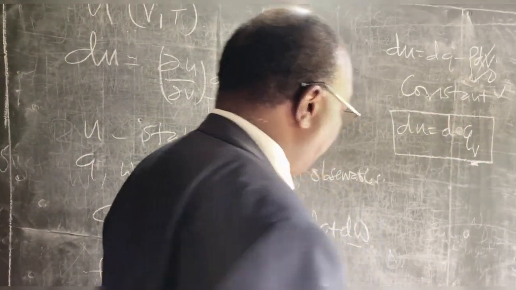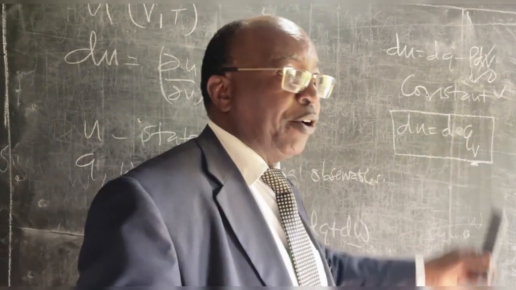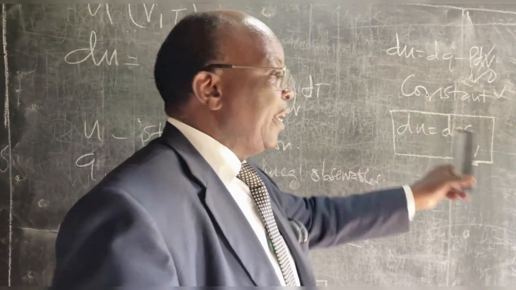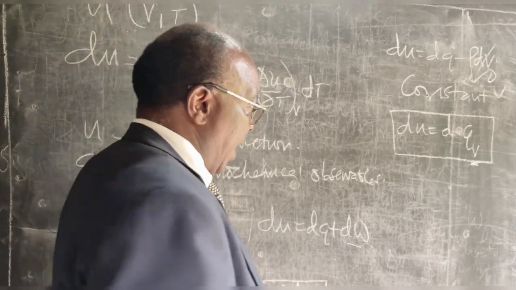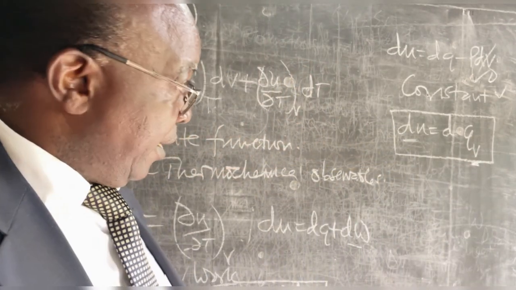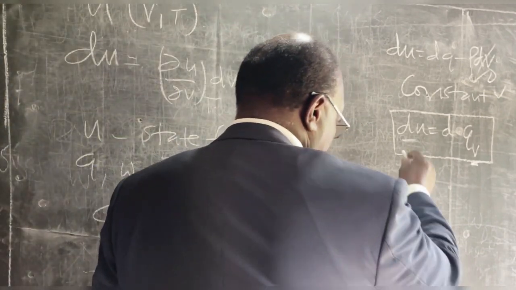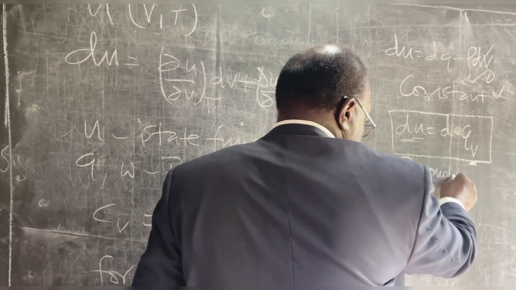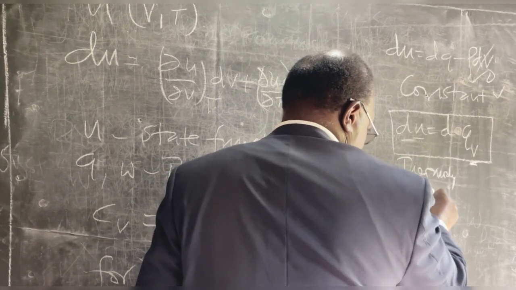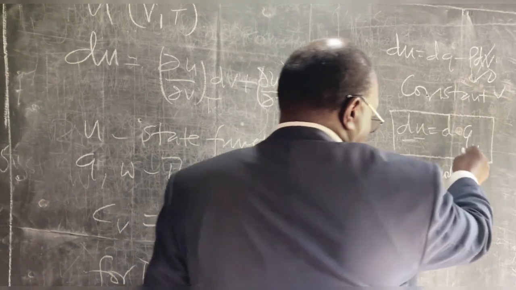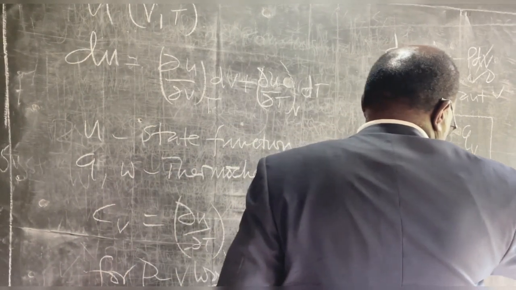The heat transferred under constant volume is equivalent to the change in internal energy of that system. And we are going to see this in bomb calorimetry. The most important thing to note here again is that U is a thermodynamic state function, and Q is a thermochemical observable.